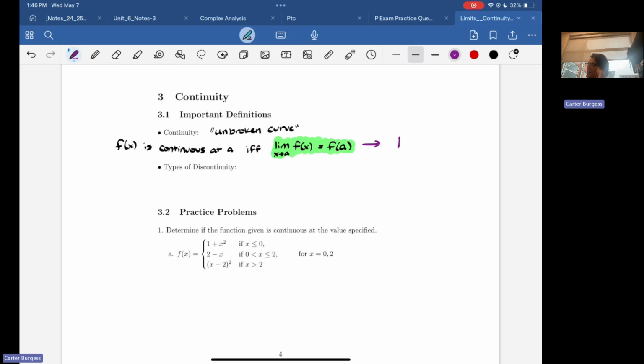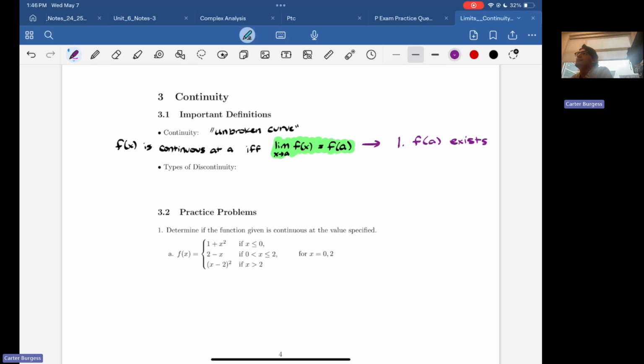So step number 1, which is probably the easiest step, is to verify that f of a exists. Can I plug the value that I am focusing on into my function? So for instance, if we were looking at our bell work examples, can I, without any kind of adjustment or amendment, plug 0 into these functions?